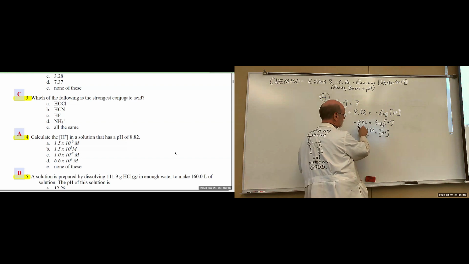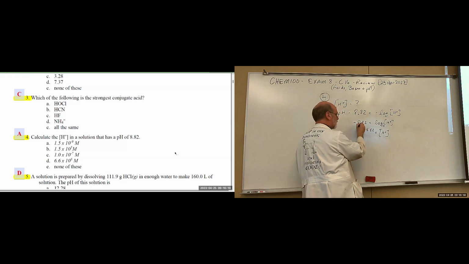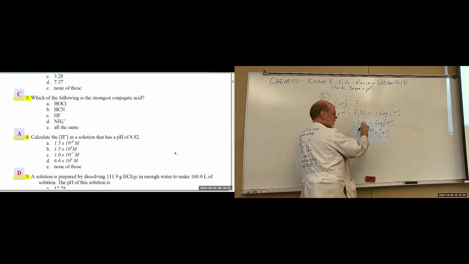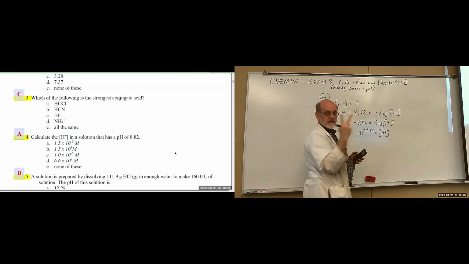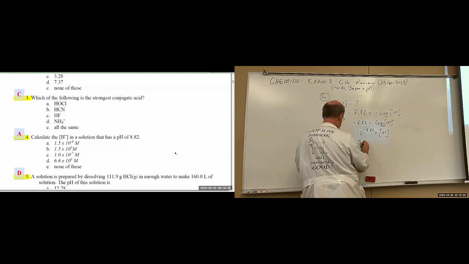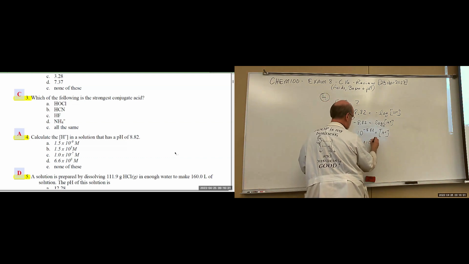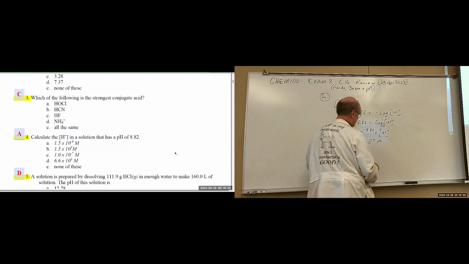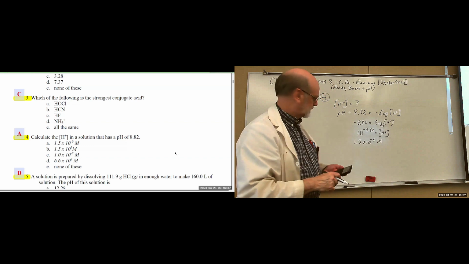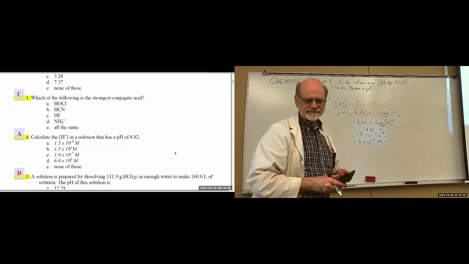All right, and we have 2 decimals. So 2 decimals in the log means that this one has 2 significant figures. So 1.5 times 10 to the minus 9 molar equals the hydrogen ion concentration. And it looks like that's A.